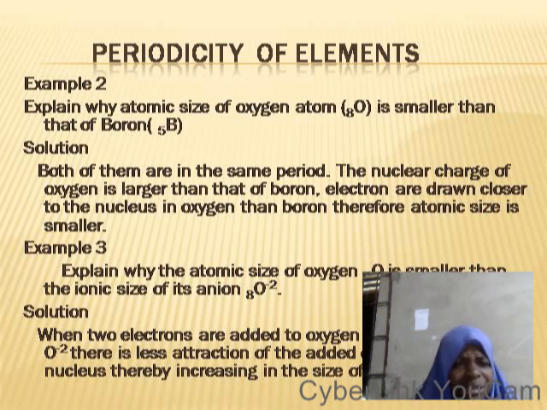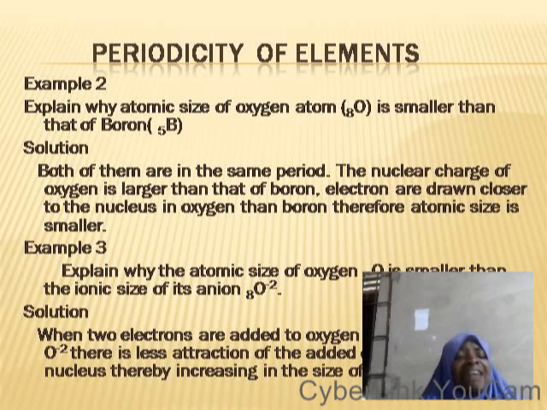They have two shells, but the nuclear charge of oxygen is larger than that of boron, because the electrons in the oxygen atom are drawn close to the nucleus.